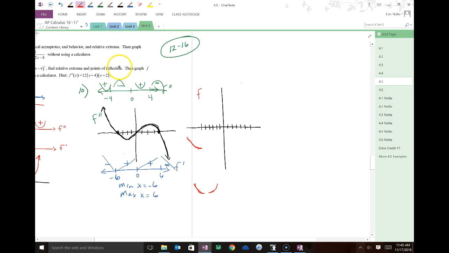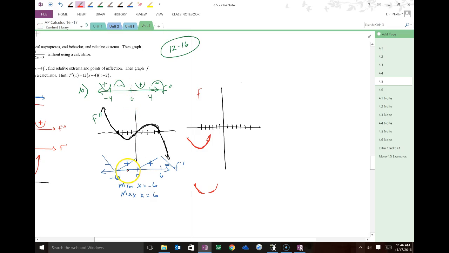Okay, and we have a point of inflection at -4. We have a point of inflection at 0 and a point of inflection at +4. So it's going to go up to -4. I don't know how high that could go, but we have some kind of happy face till -4. And then from -4 to 0, we have a sad face.